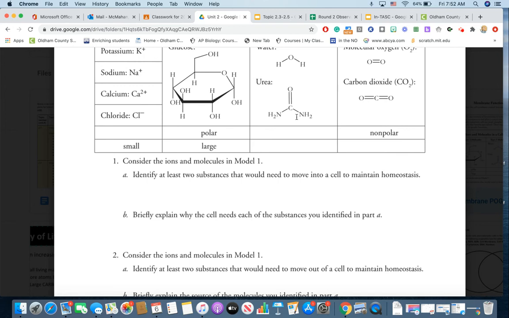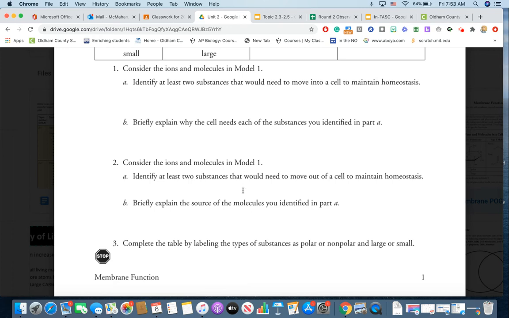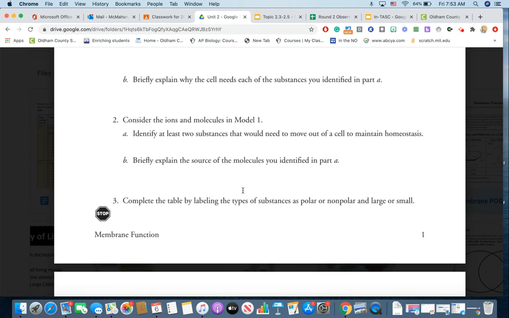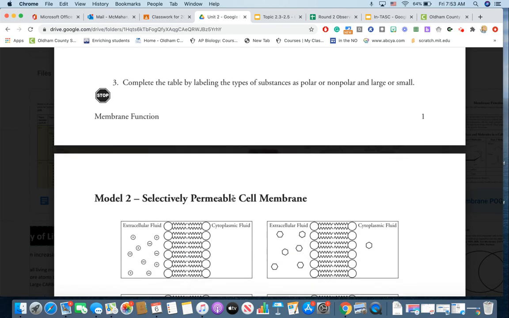Urea is a heavy nitrogen component, NH2, and it's the way that our body does get rid of nitrogen in the form of sweat and urine. So for number 2, what goes out? You might say water sometimes goes out of a cell, and that is true. You might say urea, and you might say CO2. We've already addressed number 3 by looking at the fill-ins here on the chart.